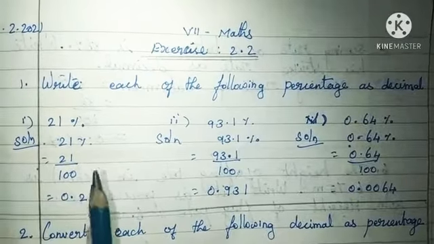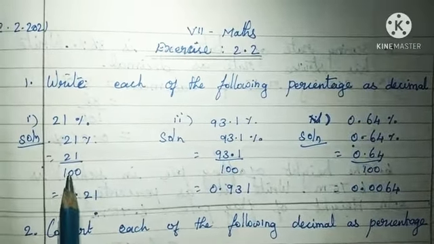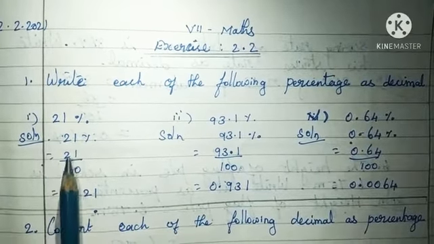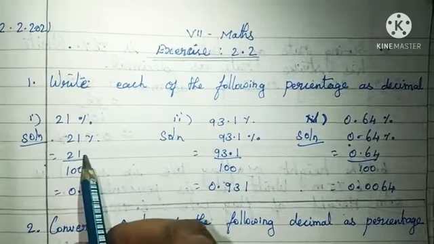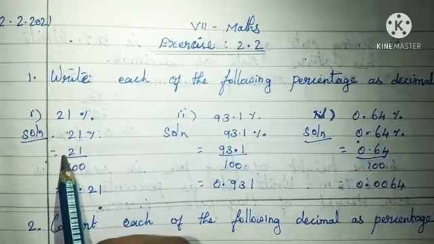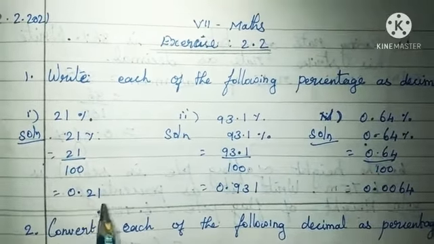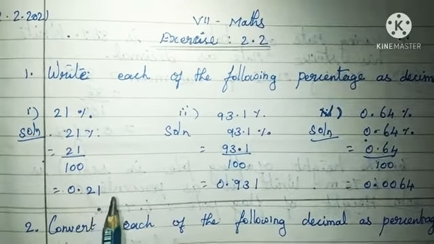When we are dividing by 100, since we are having two zeros, you have to move two digits to your left hand side. In 21, the decimal place is after 1. When we are moving two places, then the decimal place will move in front of 2. Then we get the answer as 0.21. That is 21% is equal to 0.21.